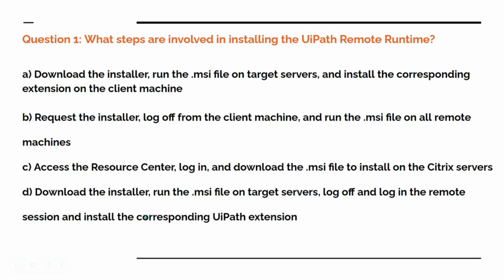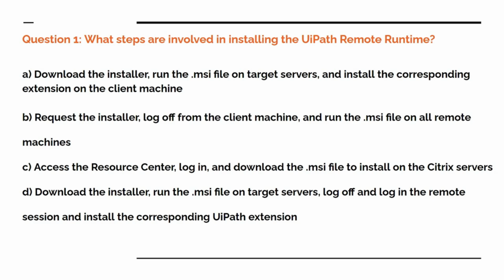Log off, log in to the remote session after you install, then log off and install the corresponding UiPath extension. Now, if you have gone through my previous video, you can easily answer this question. If you have got the understanding, you could really answer this question. Now pause the video and comment your answer.